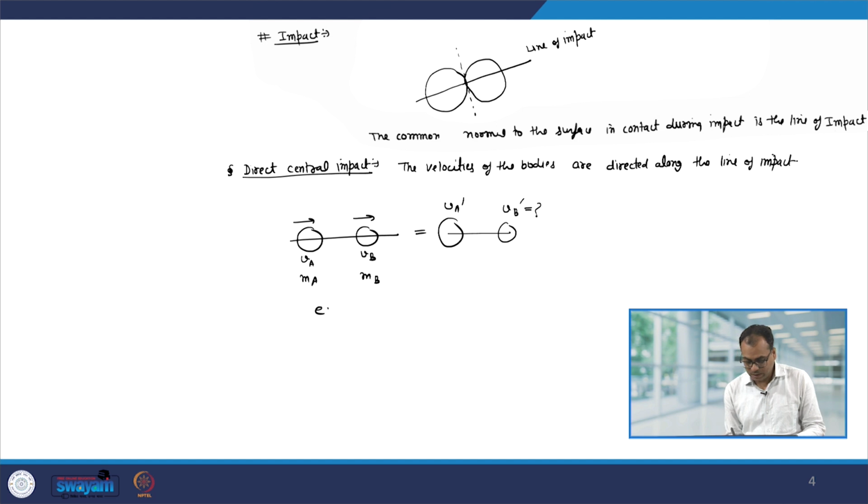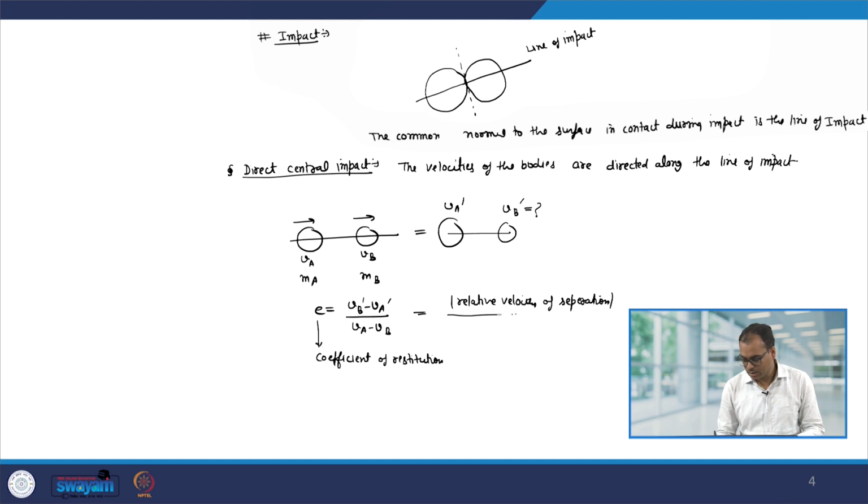So, we got e equal to V B prime minus V A prime over V A minus V B. So, this e was the coefficient of restitution, and V B prime minus V A prime is the relative velocity of separation of the bodies, and V A minus V B is the relative velocity of approach.